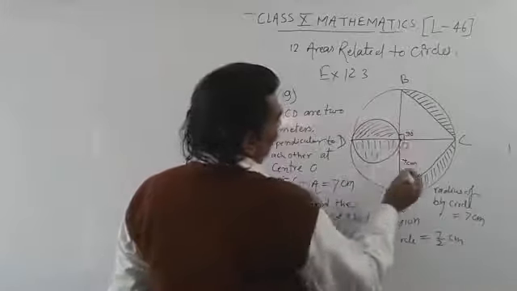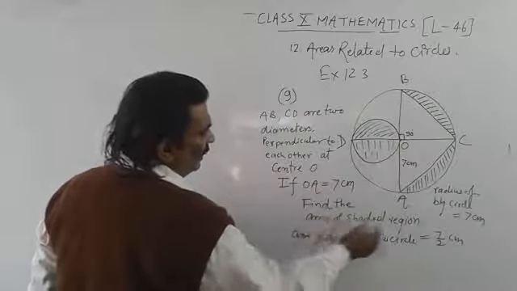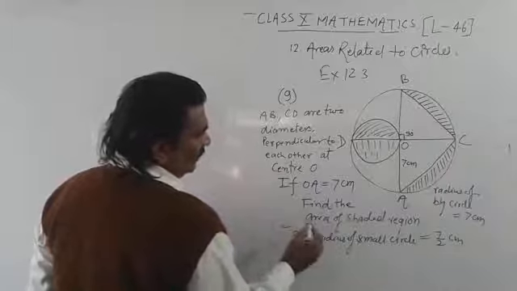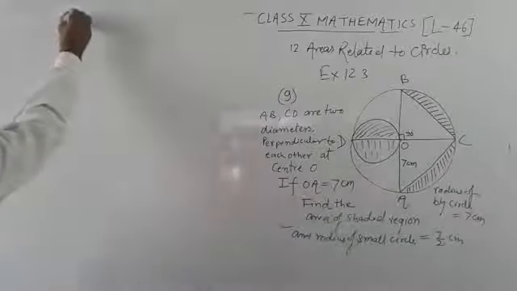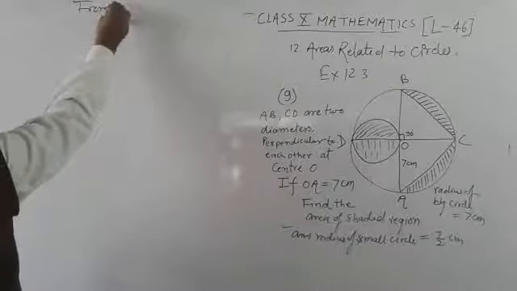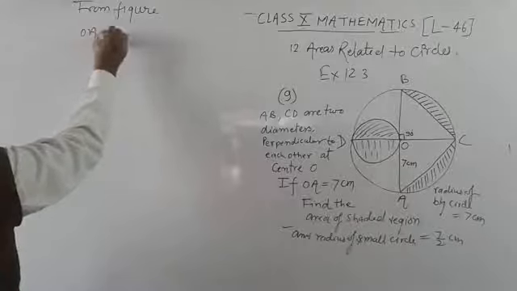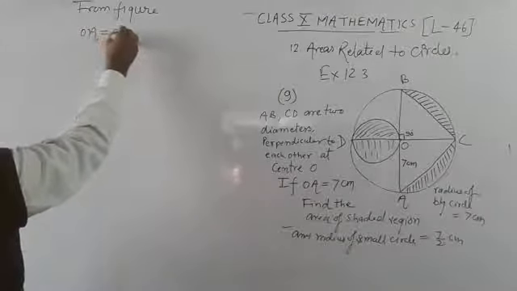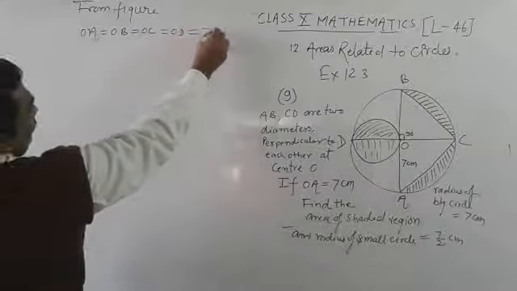Students, we have OA 7 centimeter, and we have to find the area of the shaded region. From the figure, OA is equal to OB is equal to OC is equal to OD is equal to 7 centimeter.